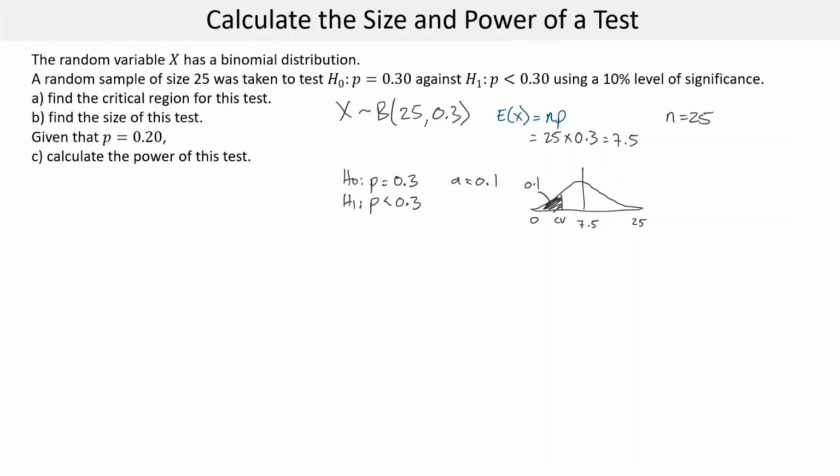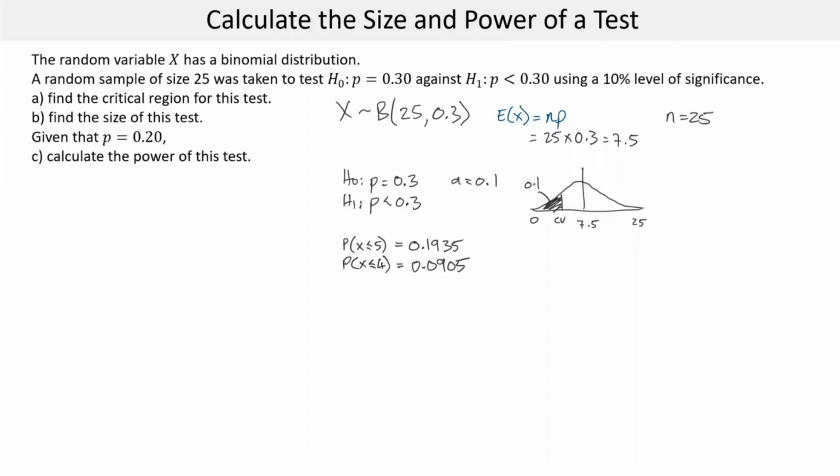Okay, let's try some probabilities. The probability that x is less than or equal to 5. So we can do a BCD on our calculator. Minimum of 0, maximum of 5, n is 25, p is 0.3. That gets us 0.1935. That's too big. So we'll try the next smaller number, so the consecutively smaller number.